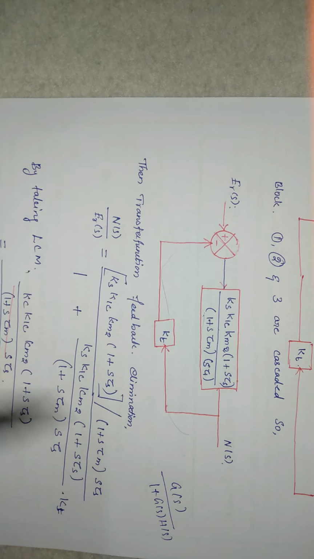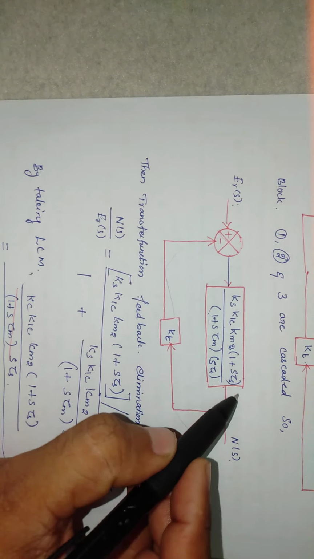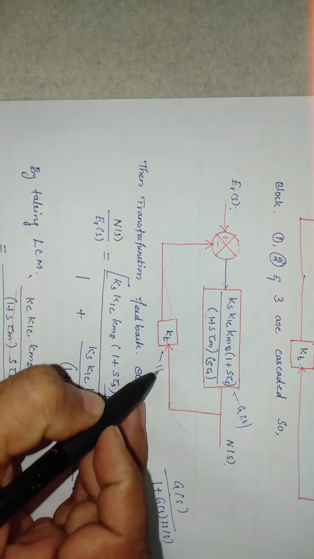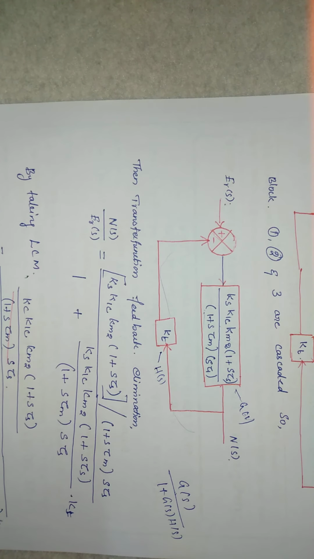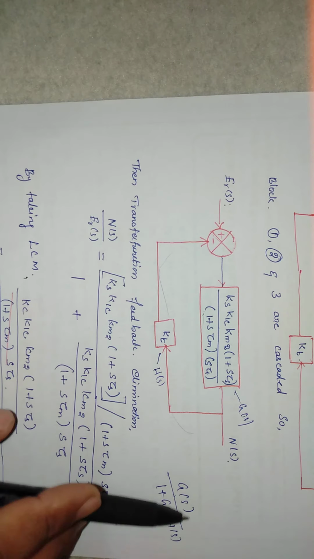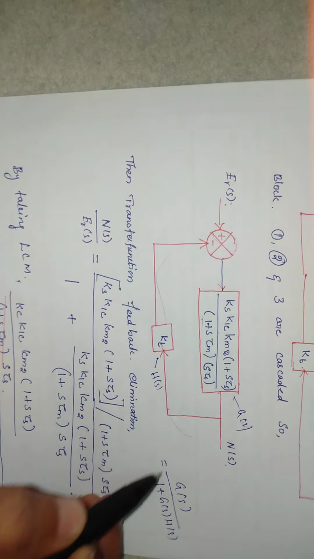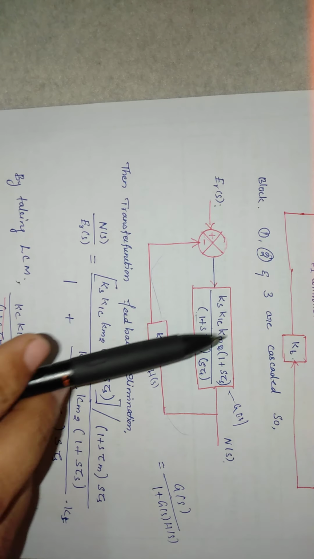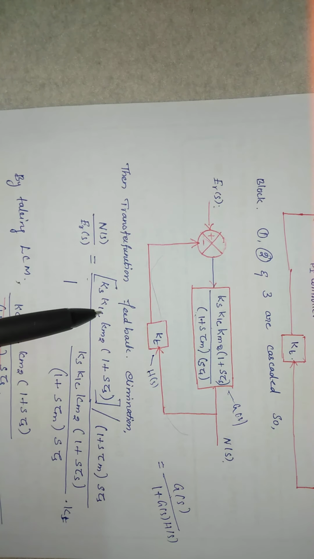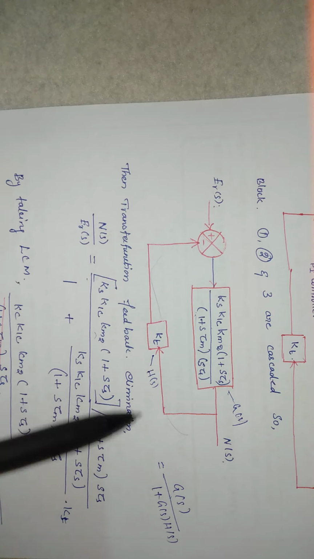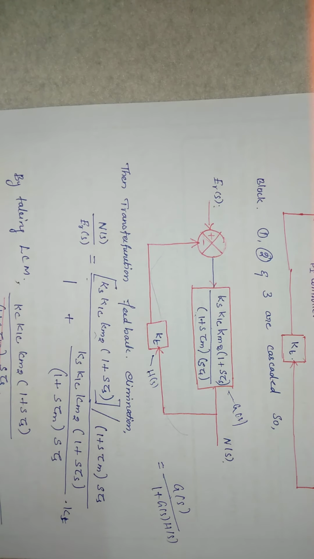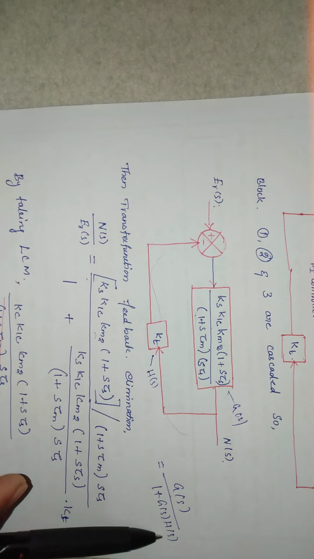Already we studied that this term is g of s and this term is h of s. Just substitute these values: g of s is Ks, Kic, Km2 into (1 plus s tau s) divided by (1 plus s tau m) into s tau s, the whole divided by 1 plus g of s h of s.